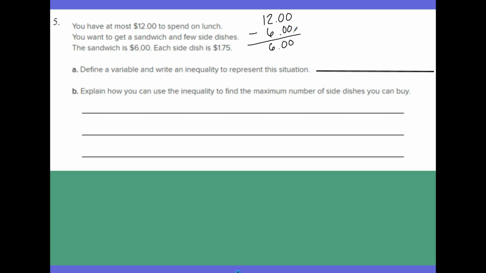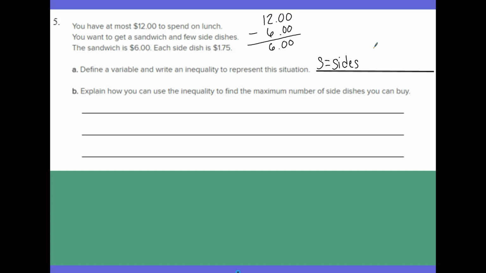Okay, so we're going to figure out how many sides we can buy with that leftover $6. So define a variable. So I'm going to make S be my number of sides. S equals sides. Okay, so that is how we define a variable. We are just writing the letter that we're using and what that stands for.